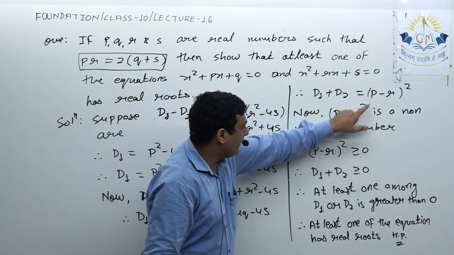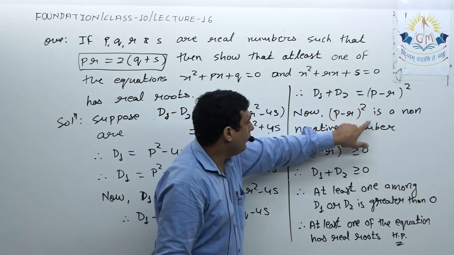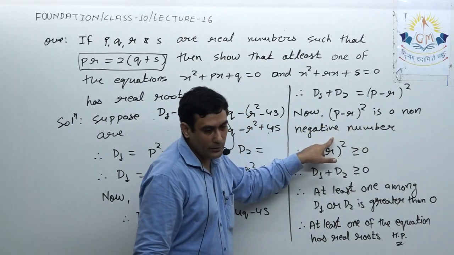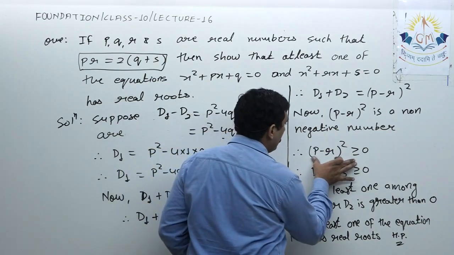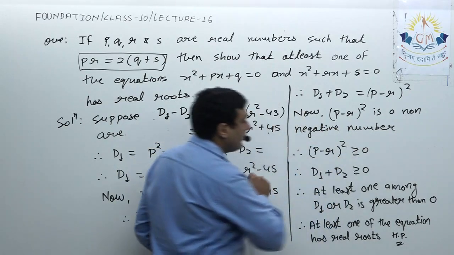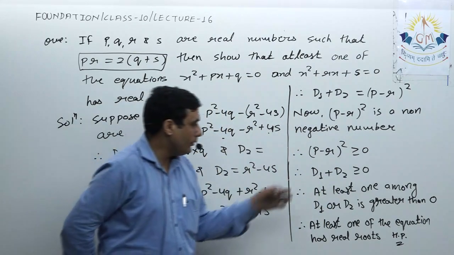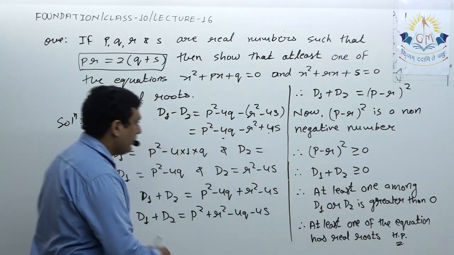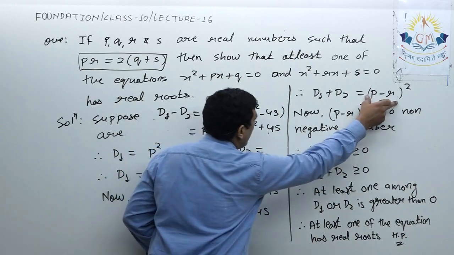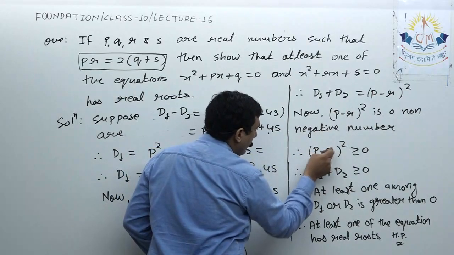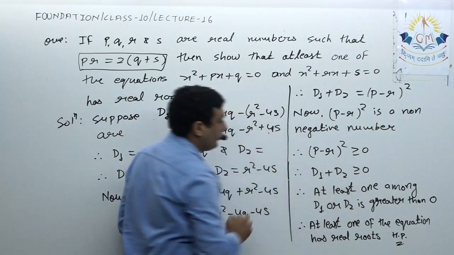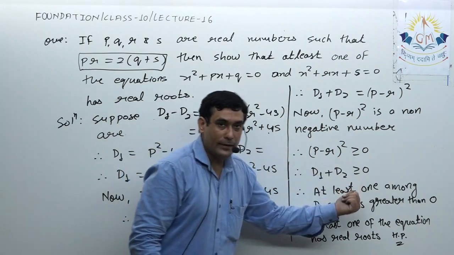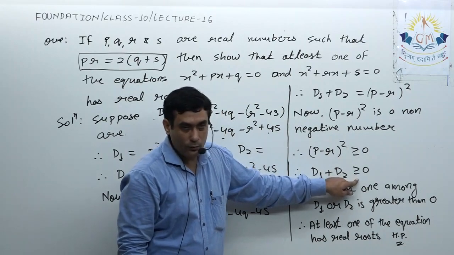So p minus r whole square is a non-negative number, definitely either greater than 0 or equal to 0. Now p minus r whole square is actually d1 plus d2, so I replace this quantity by d1 plus d2. Here the sum of two quantities might be greater than 0 or equal to 0.